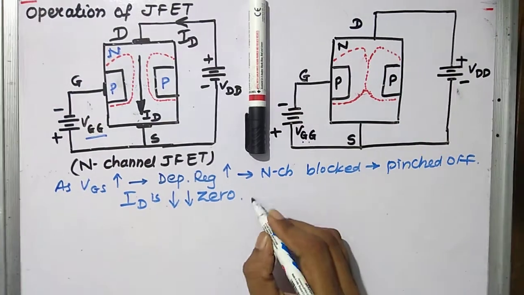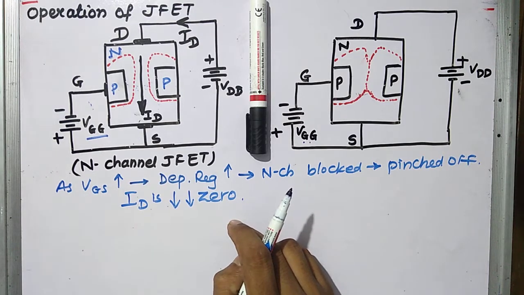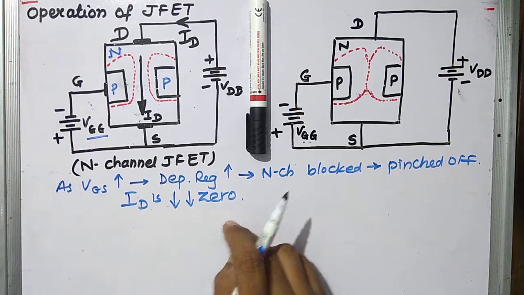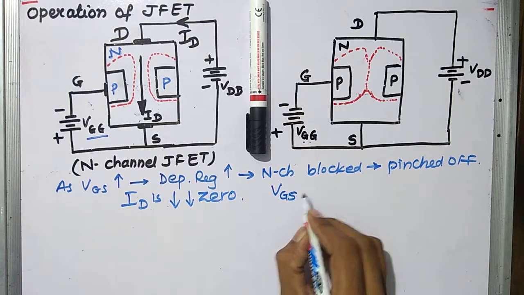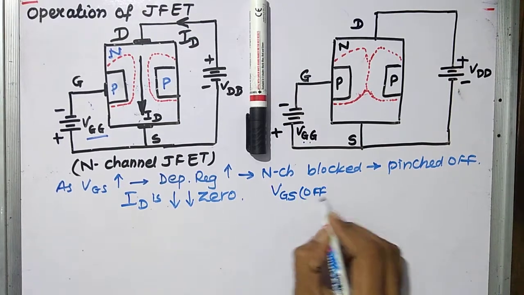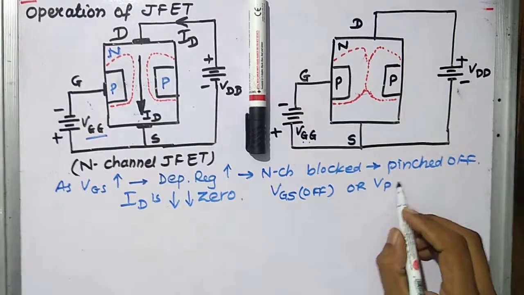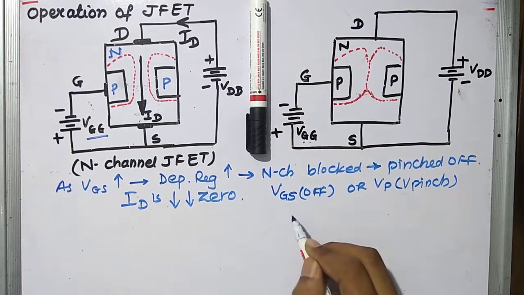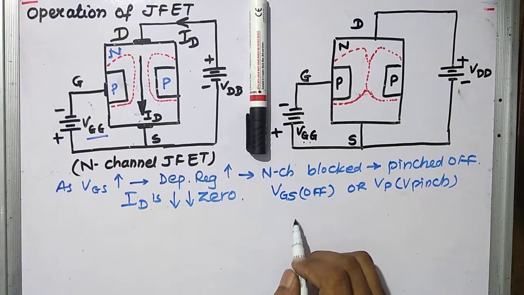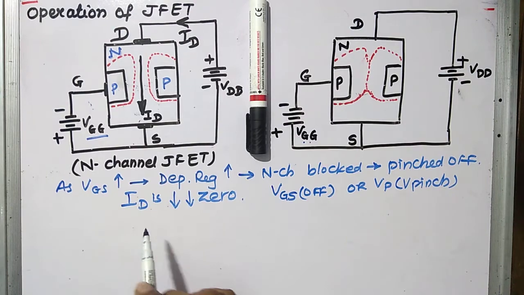The voltage at which ID is equal to 0 is called VGS off or VP, V pinch. The V pinch or VGS off is that voltage at which the value of drain current is reduced to 0.